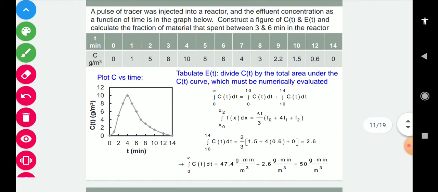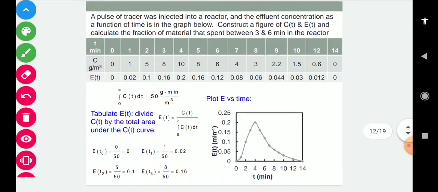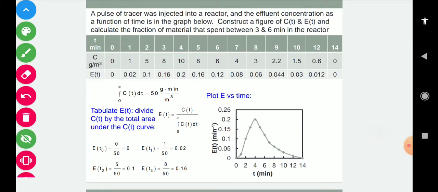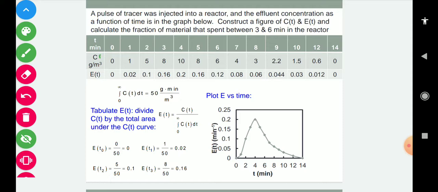Now we have calculated this, and we can put the value to calculate finally E(t). So E(t) is C(t) upon this integration of C(t) dt, and the denominator term we already calculated. Now we can put different values of C(t) to calculate E(t) at different times.